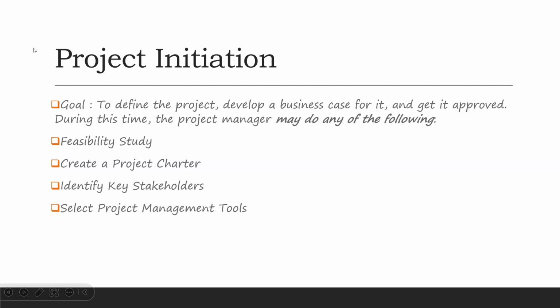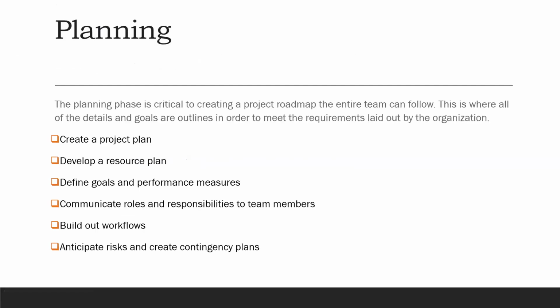And secondly, your second phase will be your planning phase. What is happening in the planning phase? It's critical to creating a roadmap. You want to do your roadmap, and this is where all the details and the goals are outlined in order to meet the requirements laid out by the organization or by the donor.